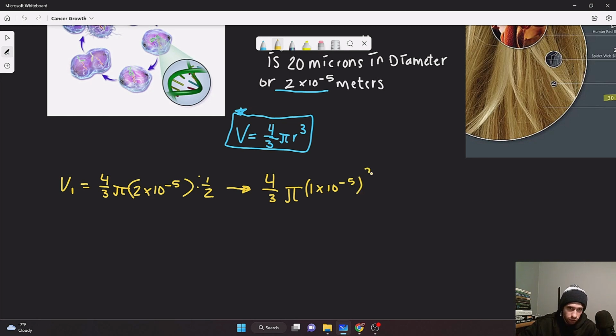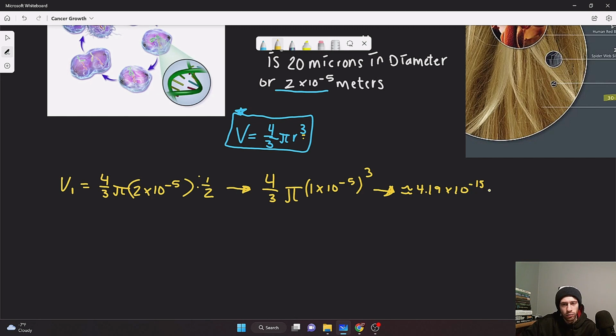And then we are going to cube this, right? We're going to cube this. And that gives us roughly 4.19 times 10 to the negative 15 power. So the 4.19 is 4/3 times pi, and this cubed is 10 to the negative 15th.